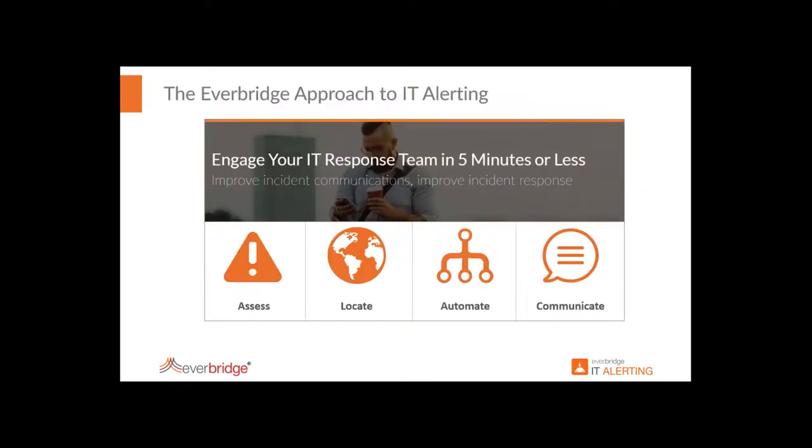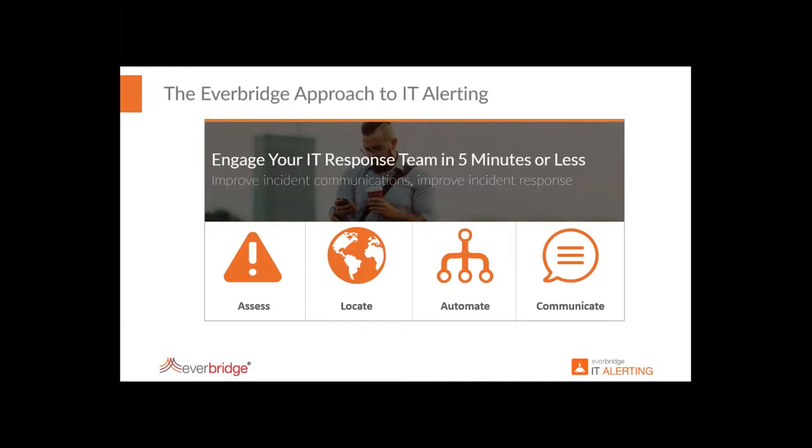The Everbridge approach to IT alerting is based on a solution that provides you with different capabilities that you can see on this slide. The first one is assess. We provide you with the capabilities to assess the situation, type of incident, and severity of the incident. Based on these, the system will automatically locate who the right people to contact are.